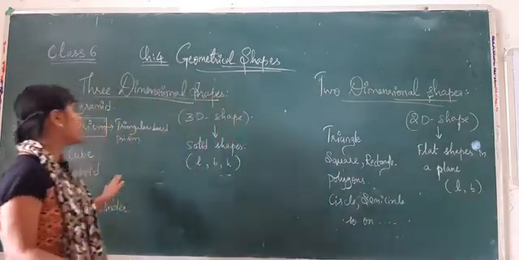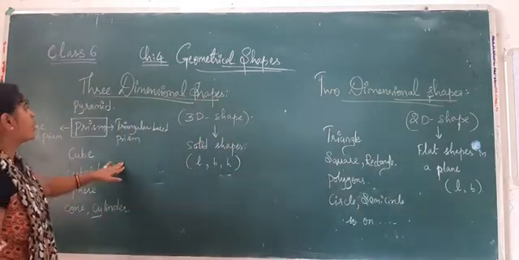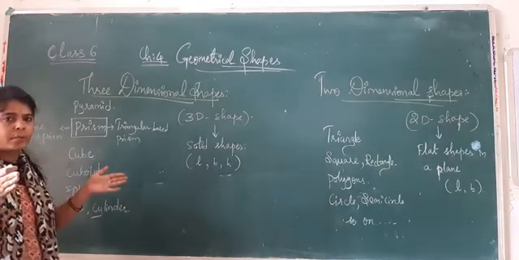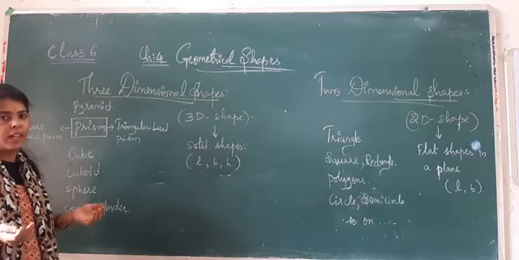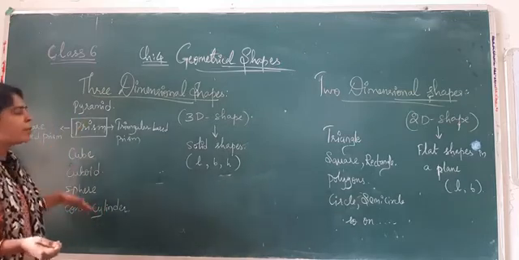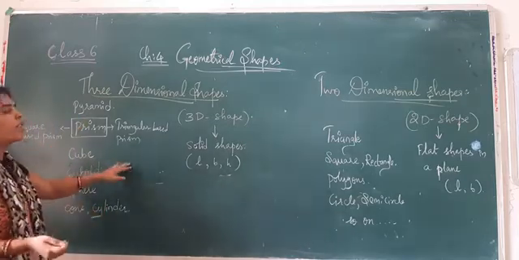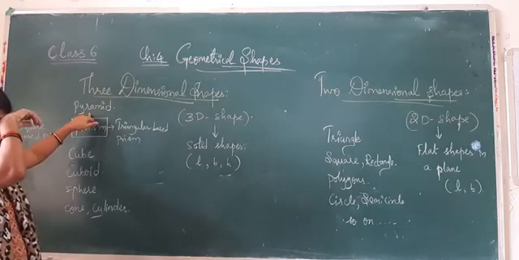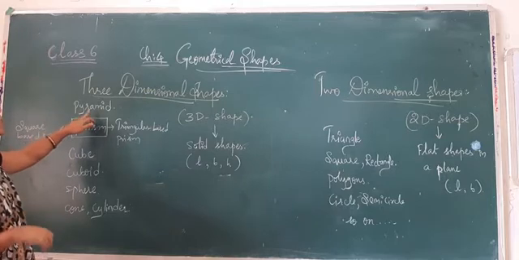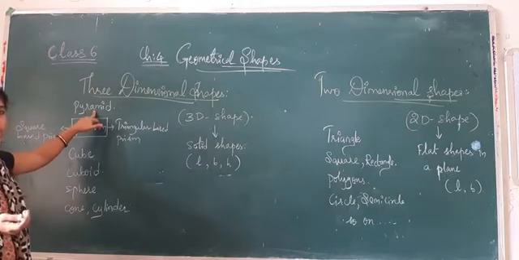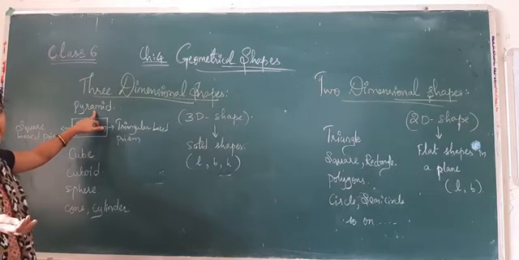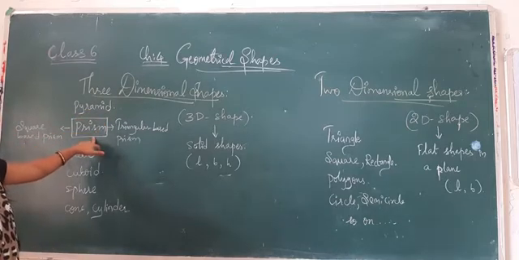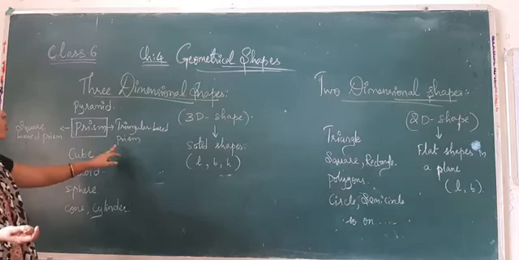Now in 3-dimensional shapes, what you are going to observe is the length, the breadth, and also the height. So examples are in this way. These are also called solid shapes, like a pyramid, as we discussed in your previous class, but I am telling you once again. The pyramid, like the Egypt pyramids, is an example. Next is the prism, which is used for experiment purposes.